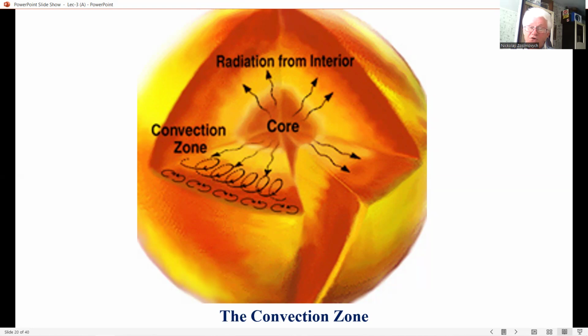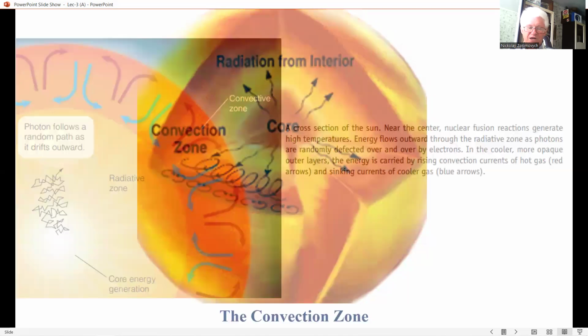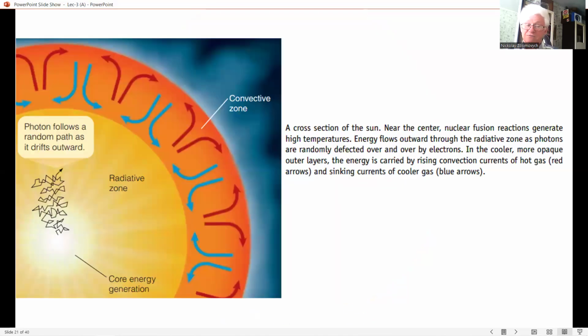Hot blobs of gas rise, and cool blobs sink. In this region, now a convective zone, the energy is carried outward as circulating gas. The radiative and convective zones are shown in this figure.